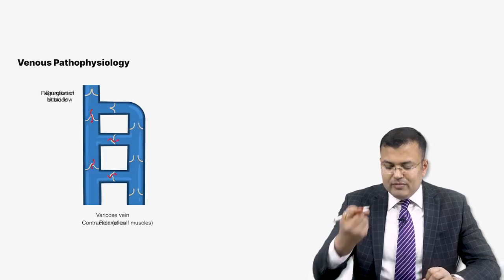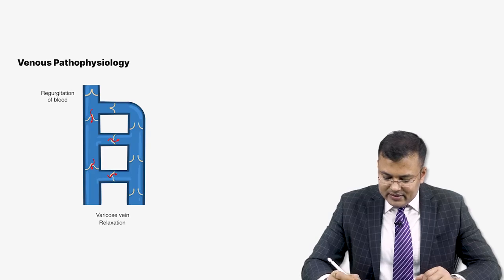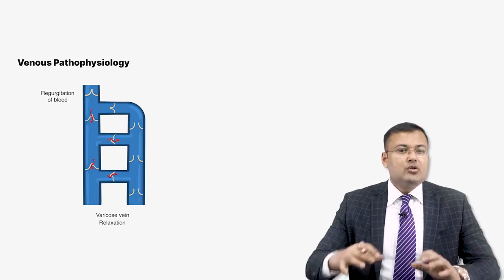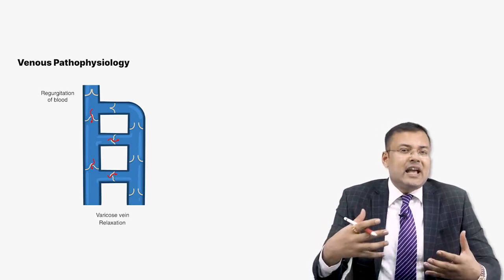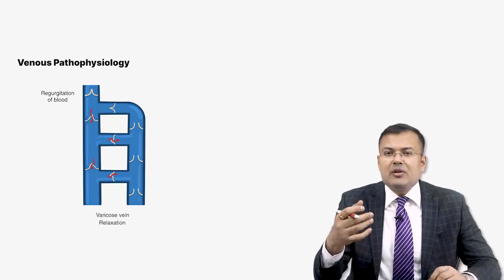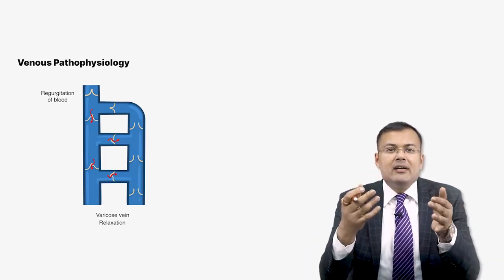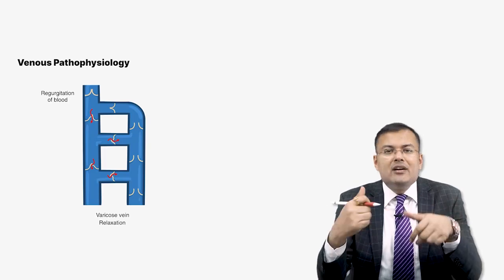And during diastole, meaning during relaxation, blood comes back. So you can see there is regurgitation of blood. Here, a varicose vein is just like a type of regurgitant lesion, like tricuspid regurgitation or pulmonary regurgitation. If there is a regurgitant lesion of the heart, since most of the blood comes back, what will happen?